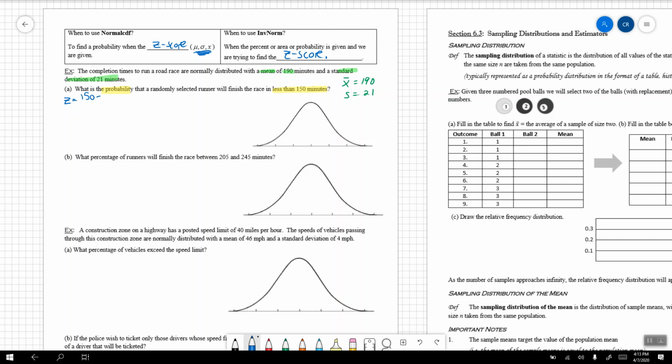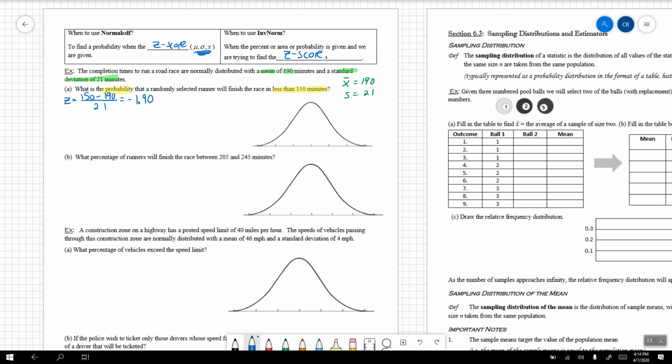So 150 minus the mean, which was 190, divided by 21. Go to your calculator and do 150 minus 190. That's negative 40. So negative 40 divided by 21 should get us a z-score of negative 1.90.